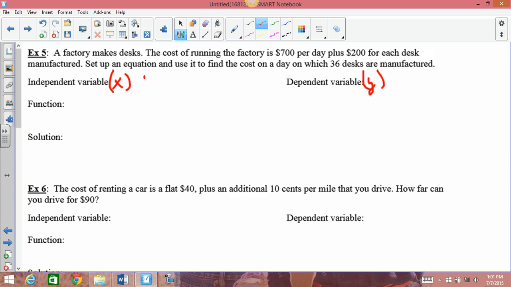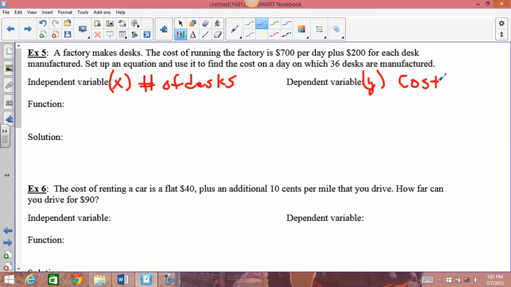Here, the number of desks that are going to be manufactured would be my independent variable, and the cost is going to be dependent upon the number of desks that I get to make, okay? Cost of running that factory.